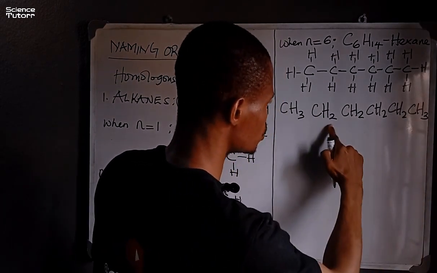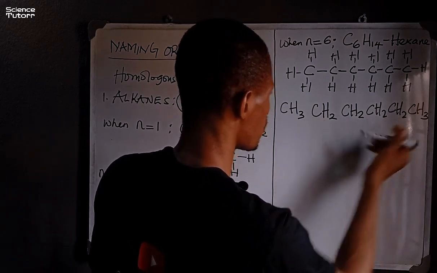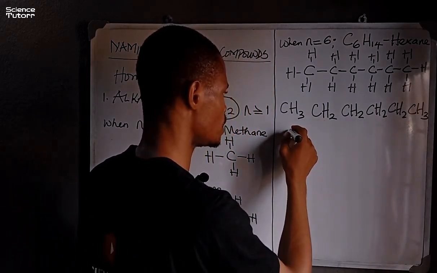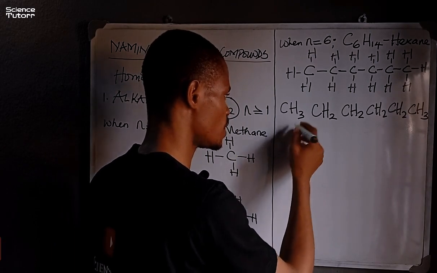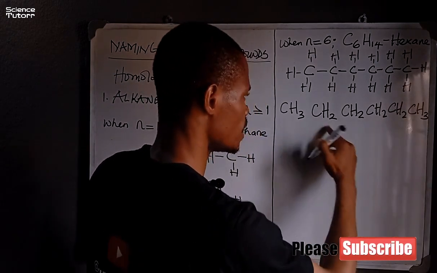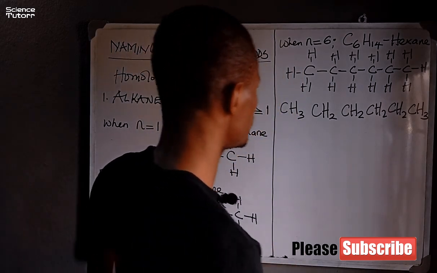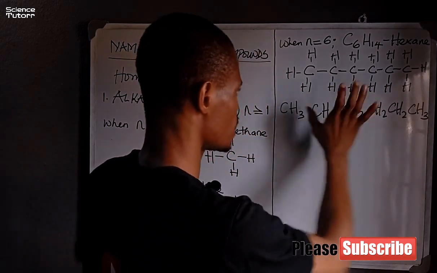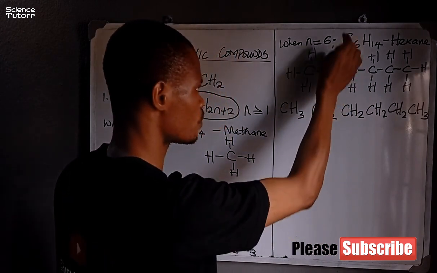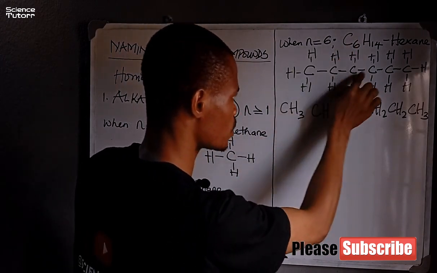The number of CH2 is 1, 2, 3, 4. So I can also write it as CH3 twice and CH2 4 times. This is simply the condensed form, breaking down each of the bondings with the carbon atom.